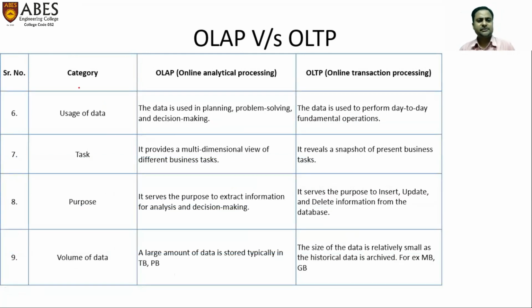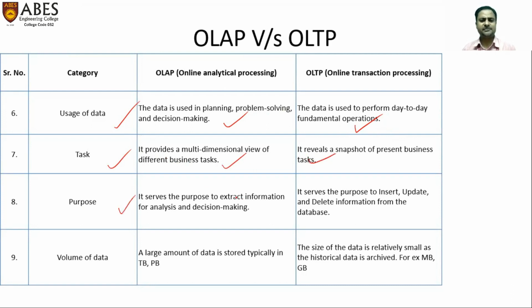Also, with the other dimensions of the differences, in use of the data, OLAP is used in planning, problem solving, and decision making, but OLTP is used for the day-to-day fundamental operations by companies. In task parameter, OLAP provides a multidimensional view of different tasks, and OLTP reveals a snapshot of present business tasks.